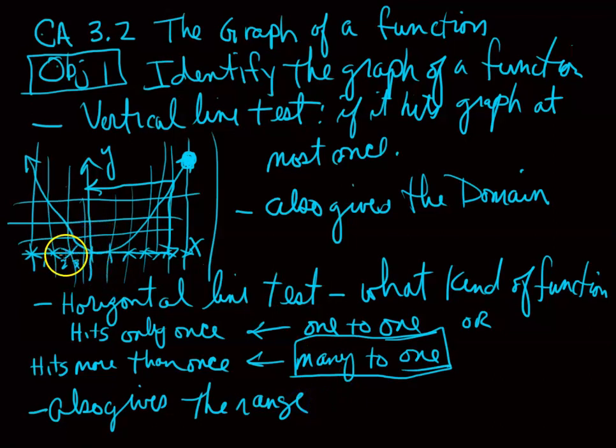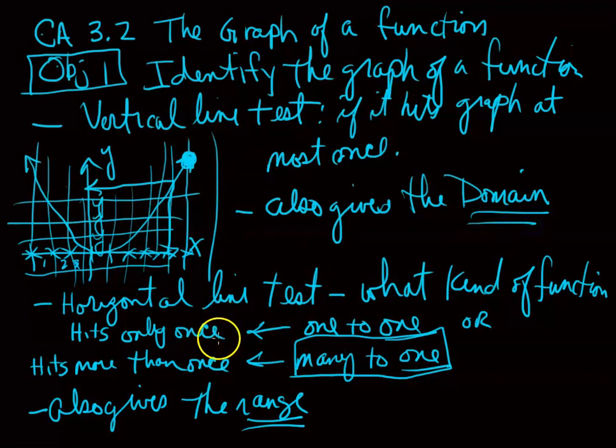Every y value, if you hit the graph, every y value that is across from or gets hit is part of the range. One's down here, you can miss it, that's fine. But that y is not part of the range. So it also gives the range of this function. So more than one thing. Vertical line test, horizontal line test.